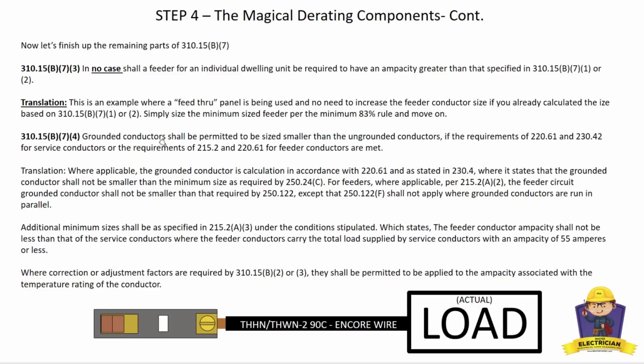It says grounded conductors shall be permitted to be sized smaller than the ungrounded conductors if the requirements of 220.61, that's a sizing requirement based on the neutral load, and 230.42, which is going to refer us back to sizing at no less than 250.24(C), are met. As long as you size and do everything there, and again, when you're dealing with feeders, you would be in accordance with 215.2 and calculations per 220.61.